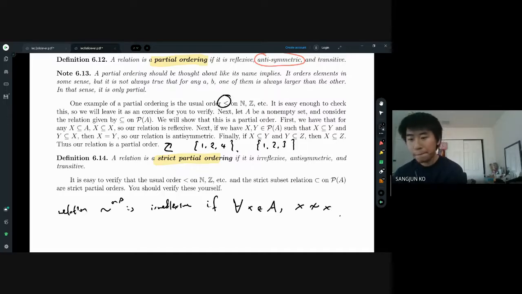The only thing to verify is irreflexivity, because we verified antisymmetry and transitivity. Okay.